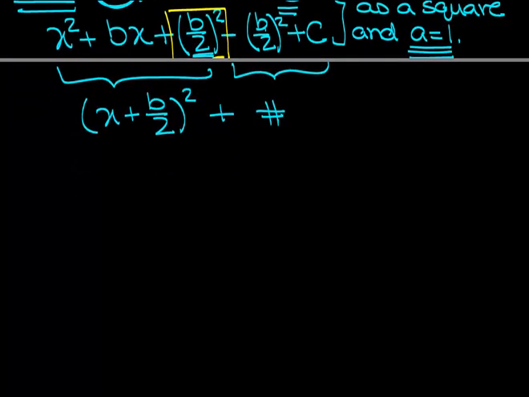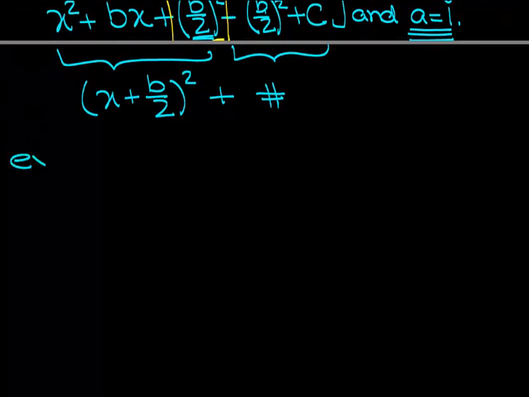So let's take a look at how to use completing the squares to solve a quadratic equation. So let's say you're given a quadratic equation that looks something like this. And again, I do want to stress this, there are many different ways to do a lot of these problems, but completing the squares is one way to solve a quadratic equation.